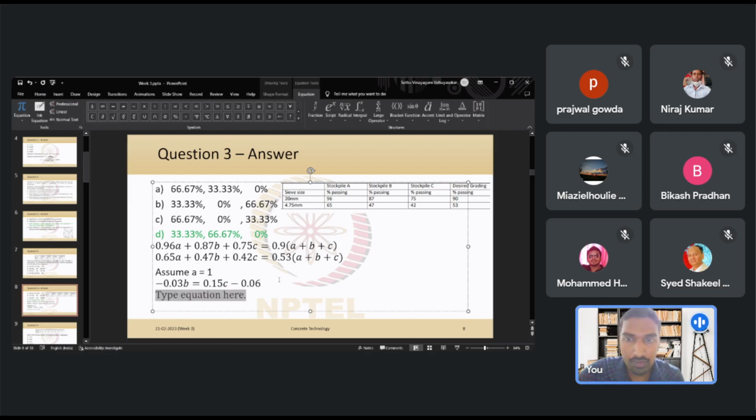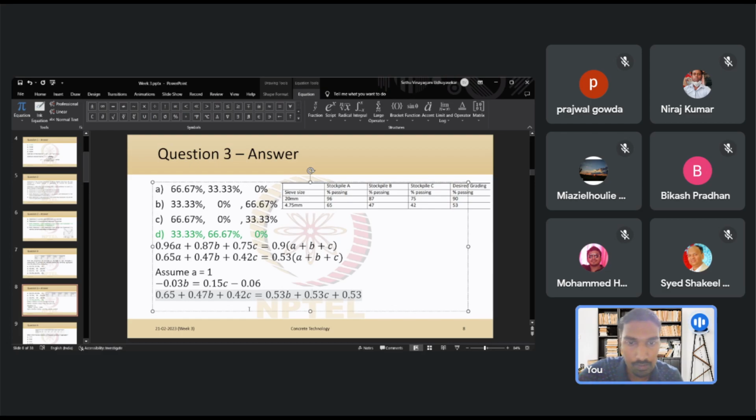So a similar thing we will do in equation 2 also. That will become 0.65 plus 0.47B plus 0.42C equal to 0.53B plus 0.53C plus 0.53, right? Substituting the value of A to 1.